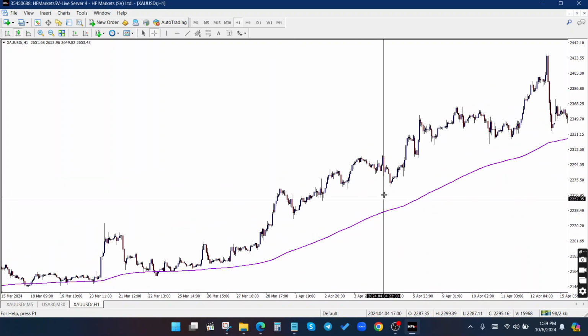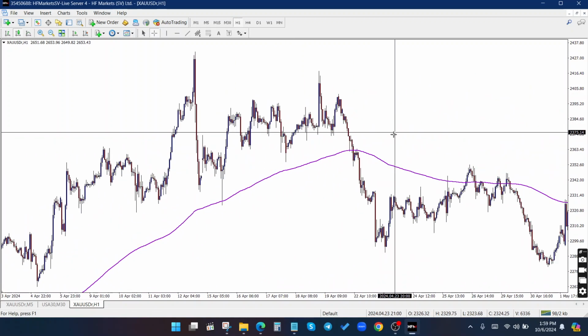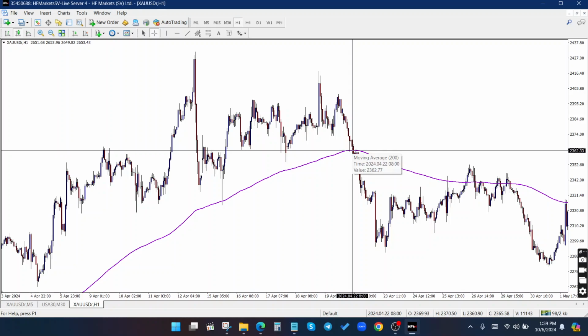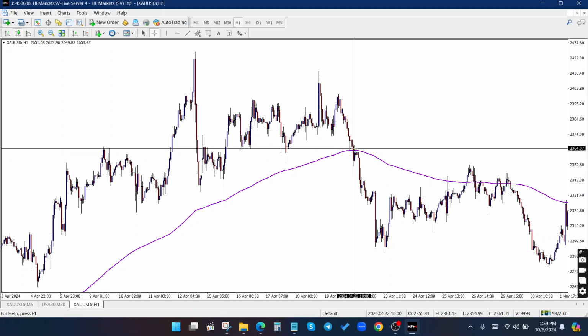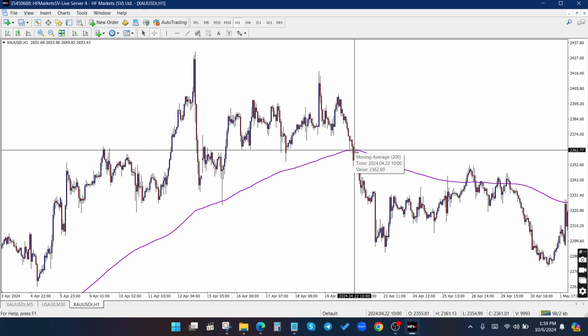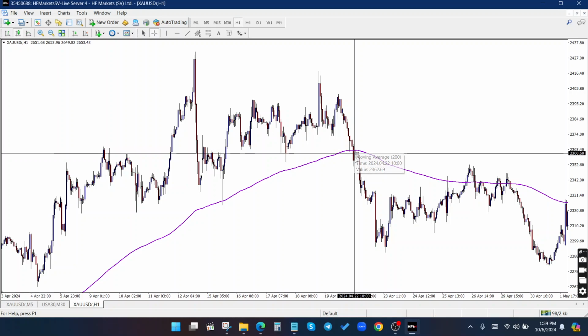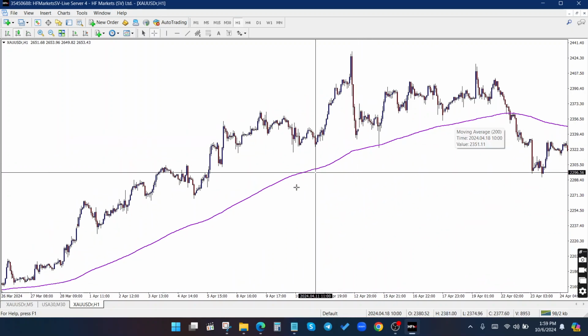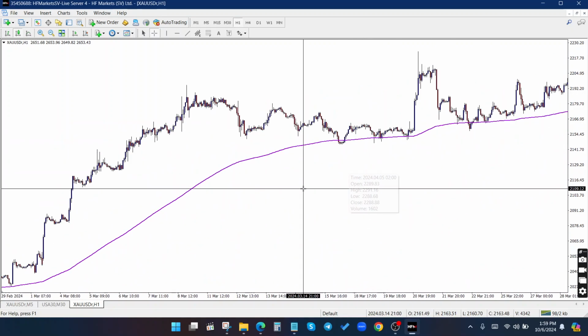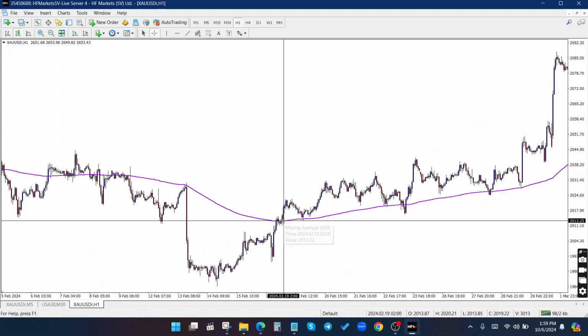It continued trending higher until it got here, 22nd of April. This was over 2 months. Over 2 months, the price of gold was trending consistently upwards.